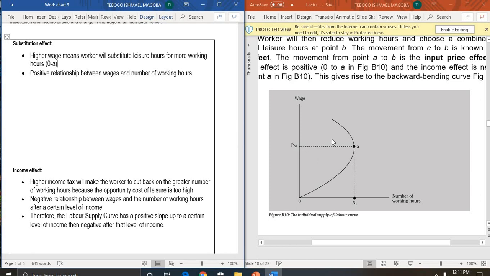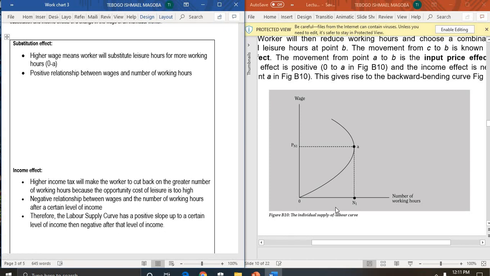That certain level of income is here, the PN1. There starts being a negative relationship. It starts to slope negatively. Remember, this is a positive slope. This is a negative slope. And therefore, the labor supply curve has a positive slope up to a certain level of income, then negative after that level of income.